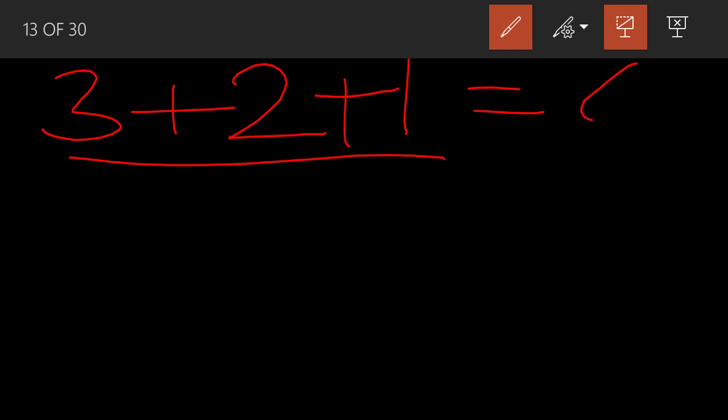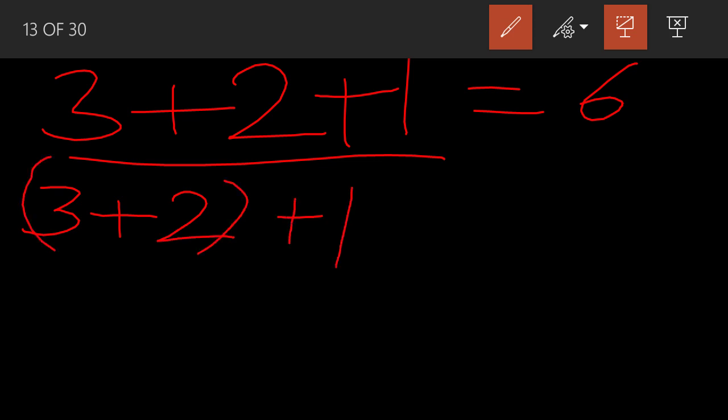Here we have three numbers, 3, 2 and 1. The sum of all these three numbers is 6. When we are grouping 3 and 2 together and then adding 1, the answer will come 5 plus 1, which is 6.